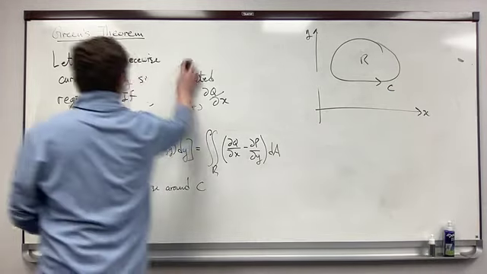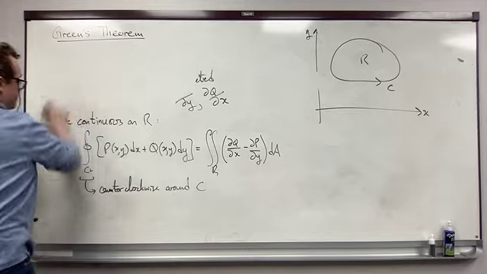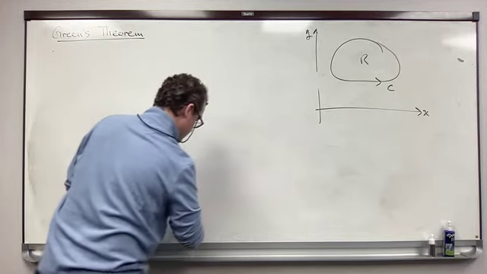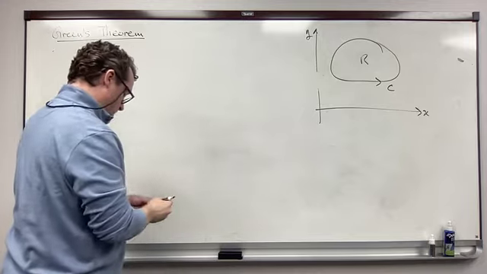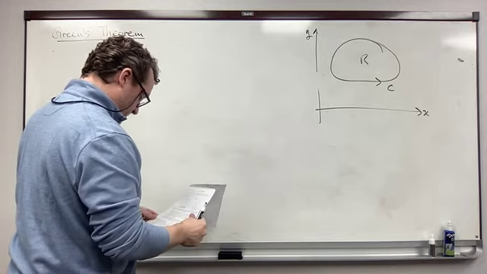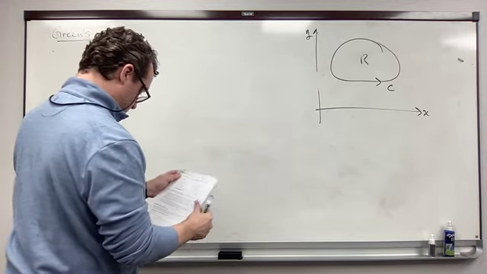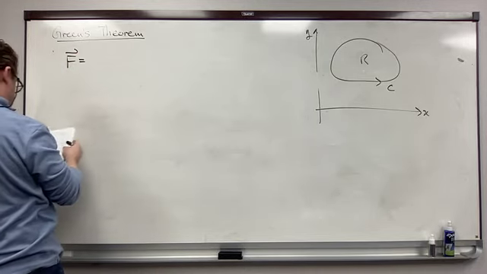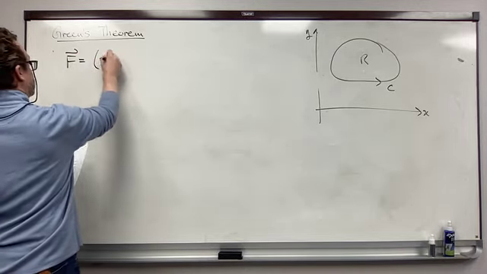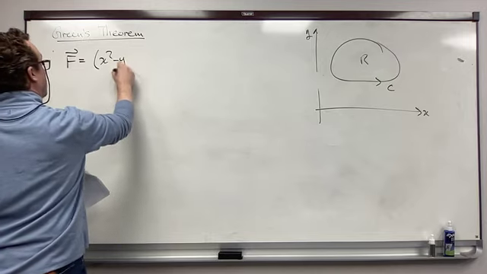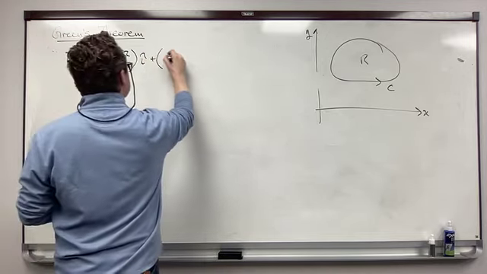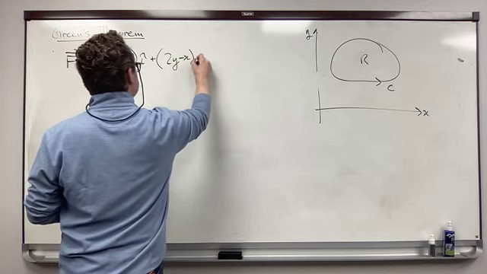Okay, so here's the example. I'm going to let F be a vector field: x squared minus y squared i plus 2y minus x j.